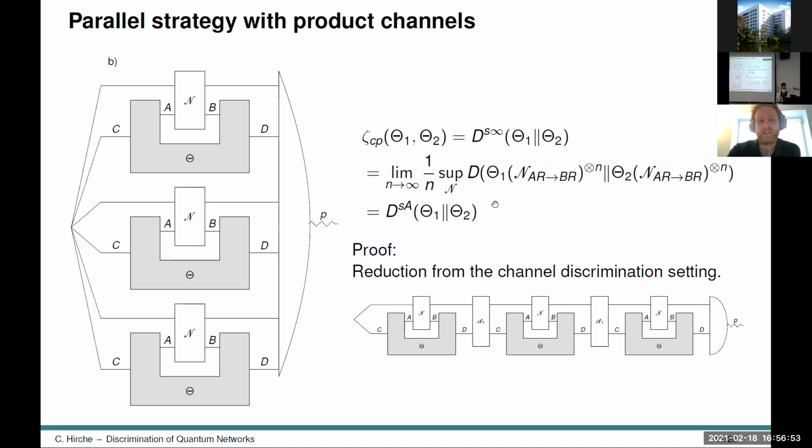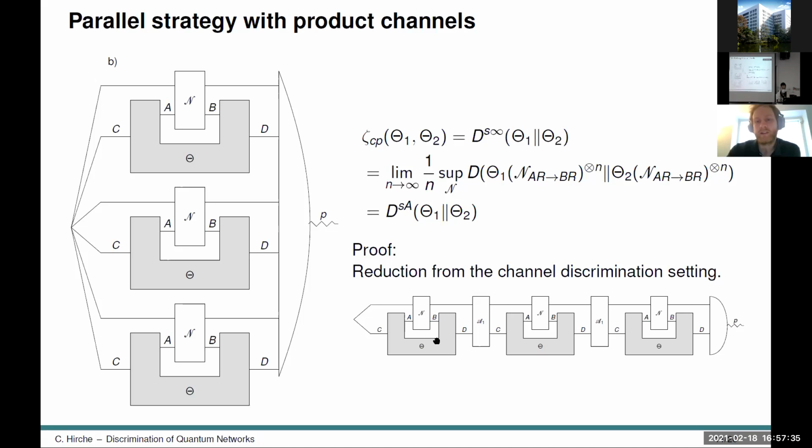And the result is simply a regularized version of the superchannel relative entropy, just that we have to take now joint states into consideration, but we still have product channels. And why do I even bring up this case? It's an easy extension of the channel discrimination setting, in the sense of now if we just fix the input channel N, then we essentially have the problem of discriminating N IID channels. And that way we easily get the error exponent.